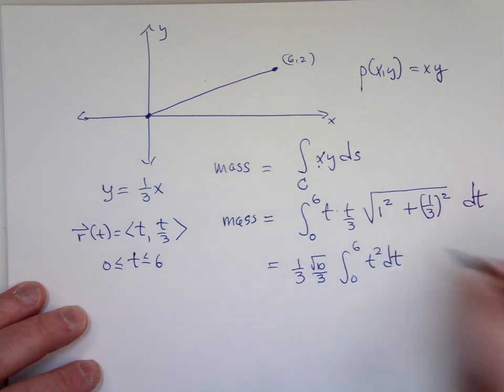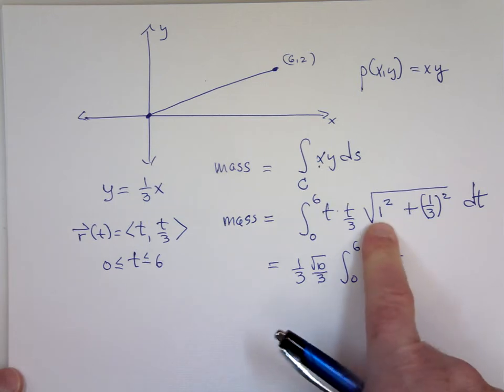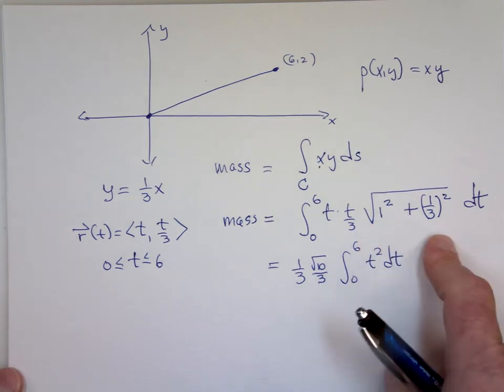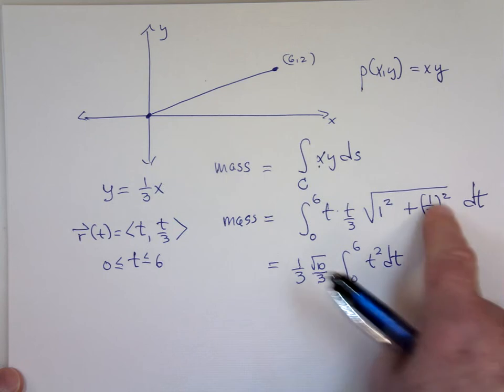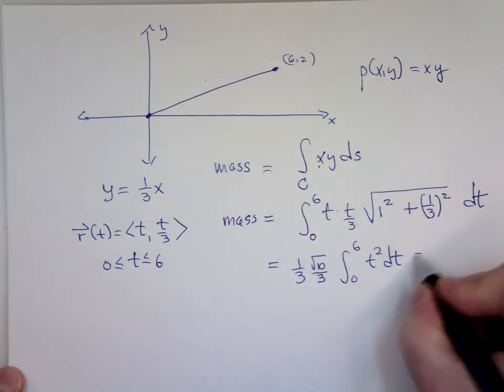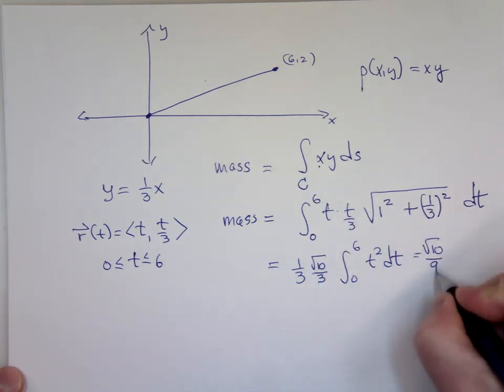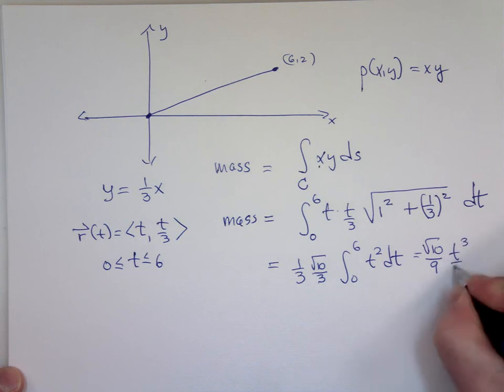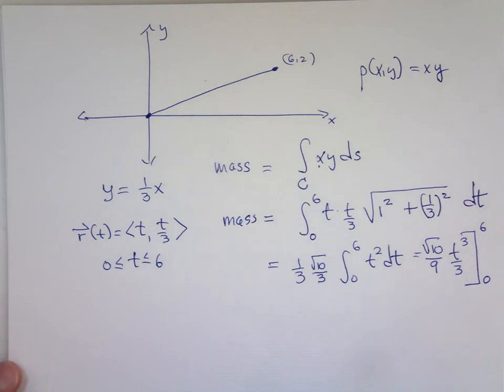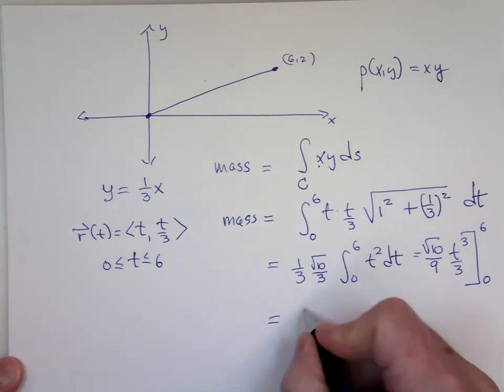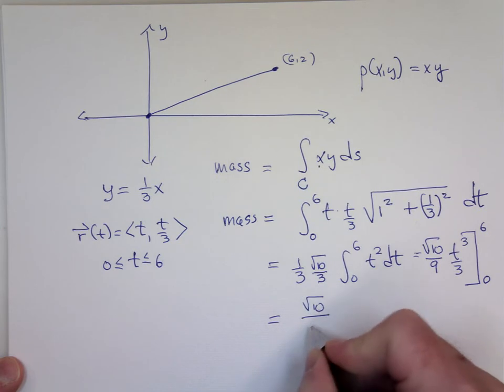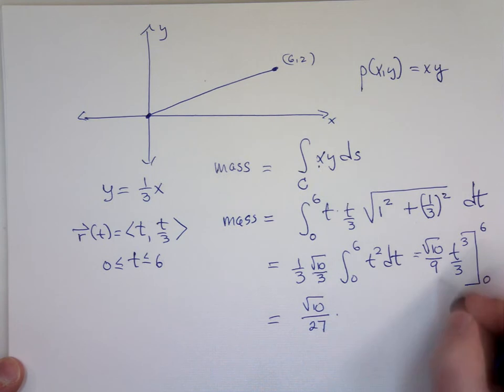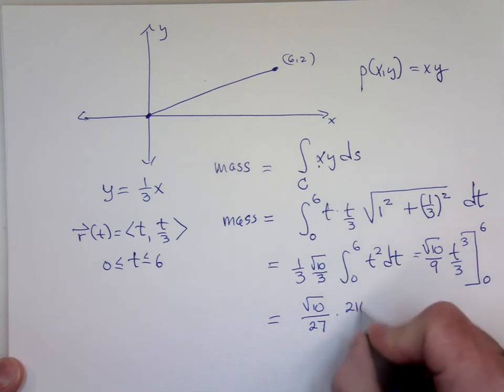Check that out. That's 1 plus 1/9. That's 10/9, square root of 10. Okay. That's the square root of 10 over 9, t cubed over 3, from 0 to 6. That's equal to the square root of 10 over 27, 6 cubed is 216, 0 is 0.